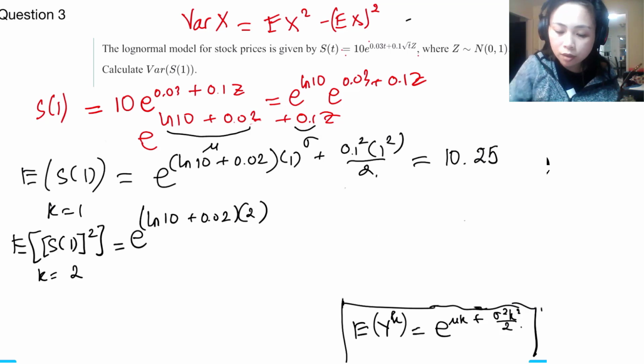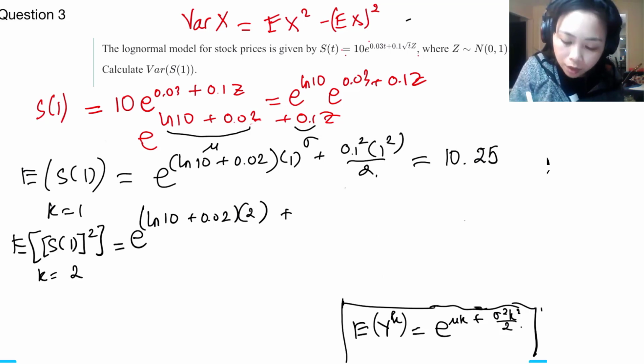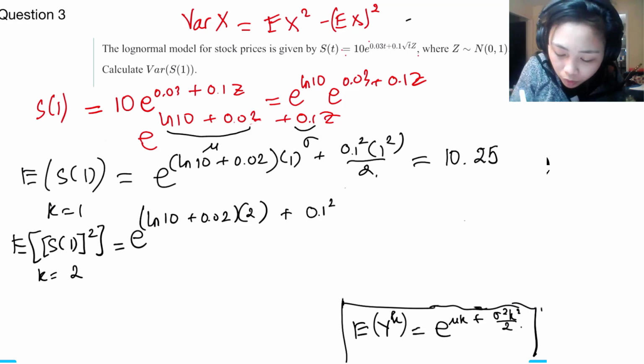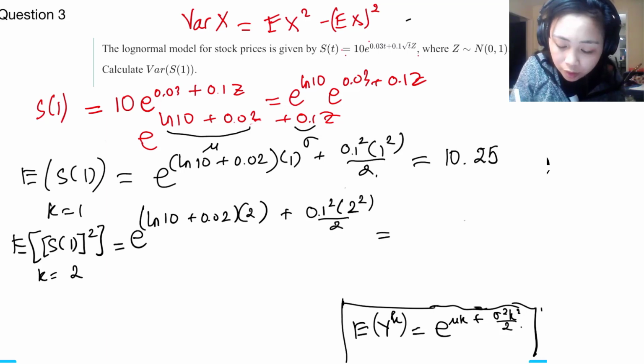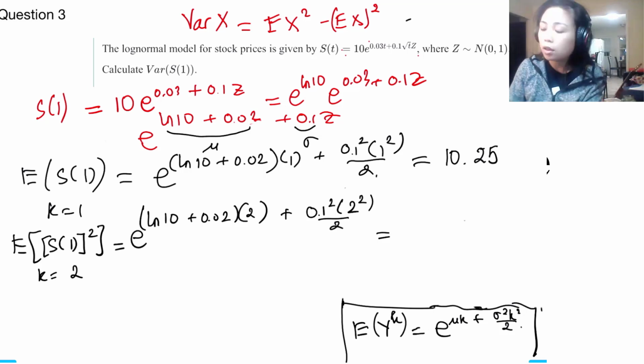Then the e to the answer, it should be 106.1836. See that? So now we have E of S1 squared and E of S1.